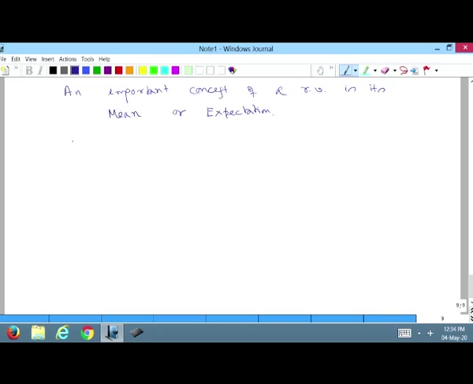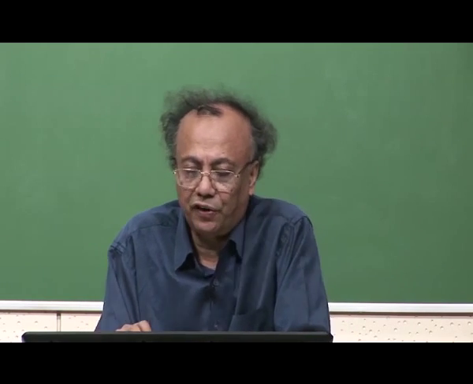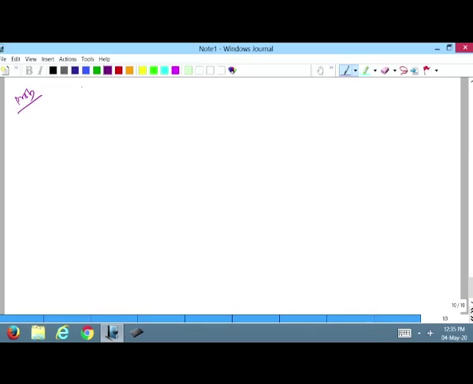You know that the mean of a binomial n comma p random variable is equal to np, and its variance is npq. This you must have done in your textbooks or your classes. So, I am not deriving this formula. Let us do some problem.